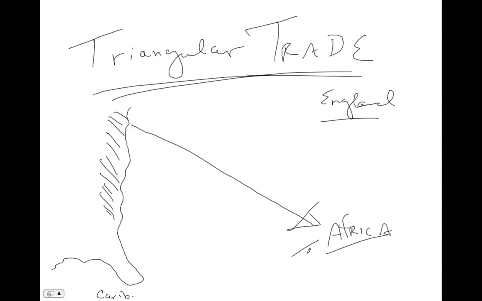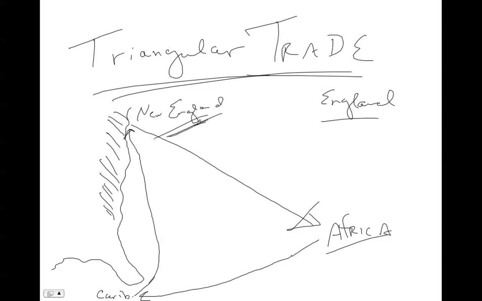In the second leg, they sailed to the West Indies or the Caribbean. And they sold the slaves and bought sugar or molasses. And then from there, these ship captains would go to New England and sell the sugar and molasses.